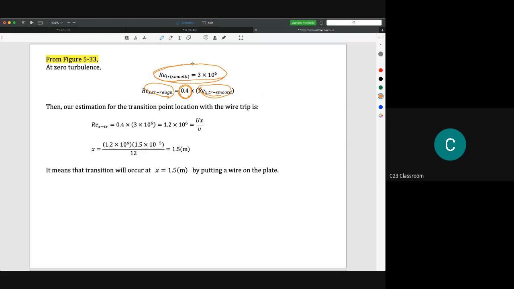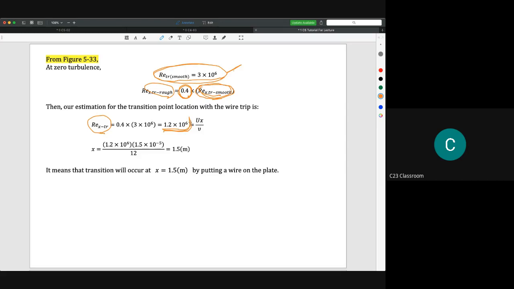Let's say for the Reynolds number smooth, it is assumed for that plate to be 3 times 10 to the power of 6. So we substitute here: the Reynolds number smooth is 3 times 10 to the power of 6, and we get the Reynolds number transition here as 1.2 times 10 to the power of 6.